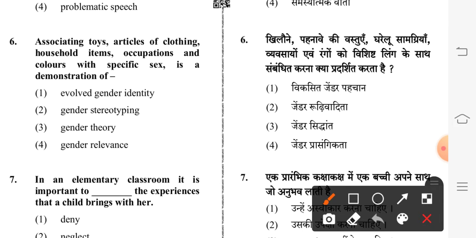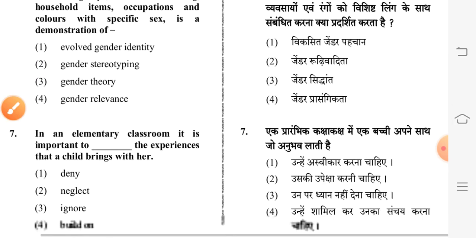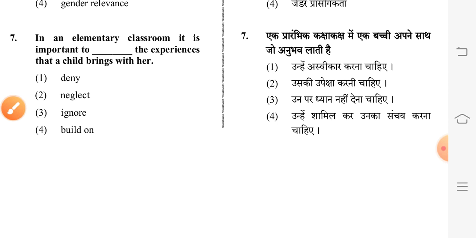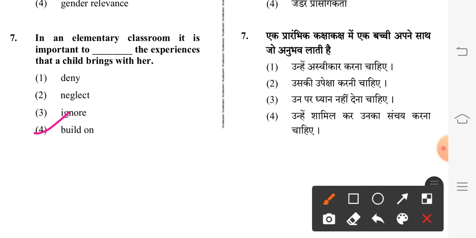Correct option is the second option, gender stereotyping. Next question, in an elementary classroom it is important to dash the experiences that a child brings with her. Try to answer this question. What is the correct option? Fourth option is correct, build on.